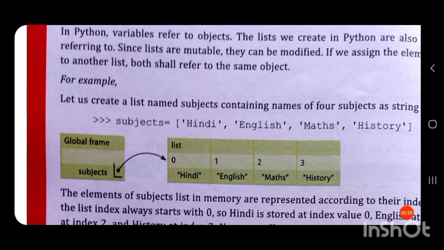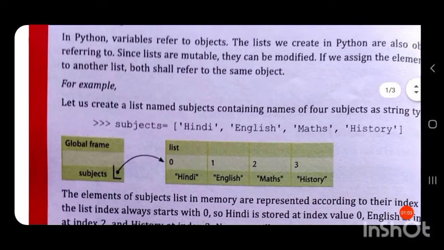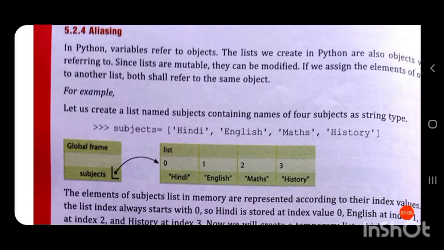This is called the object of type list, where the data related to list subject is stored in the memory. So our variable will point to that particular location. That location here is an object of type list.